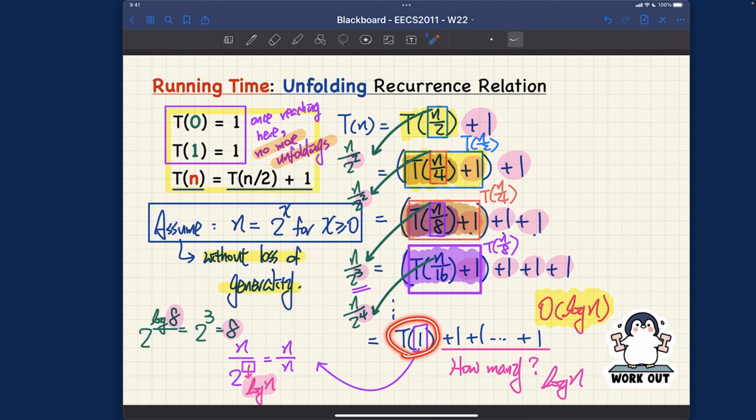In that case, we have to make sure we rewrite the 1 over here in terms of something that we observe from the pattern over here, because the way we rewrite it is n divided by 2 to the power of something. And the x can be 1, 2, 3, 4, and in this final case over here, it's going to be log n. So the number of terms over here will simply correspond to the exponent over here.